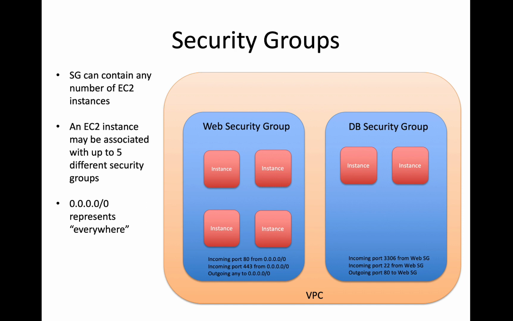So there's this association concept where an instance is always going to be associated with one or more security groups. And you could have multiple instances which are associated with the same security group. But again, the security group is really just defining the rules of what traffic is going to be allowed in and out of a particular EC2 instance.